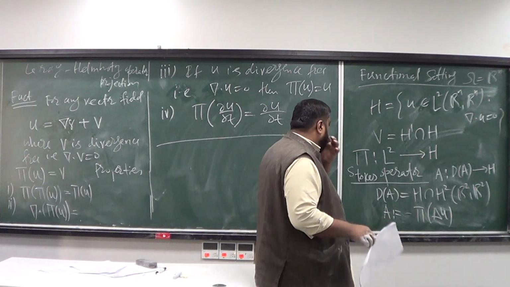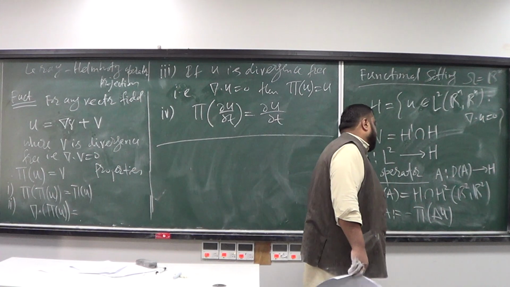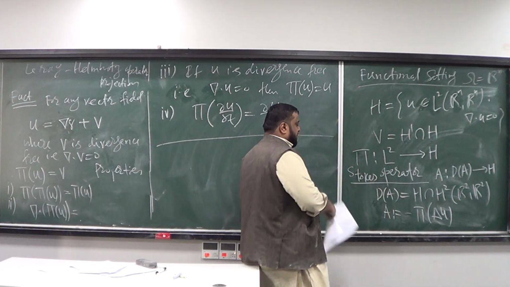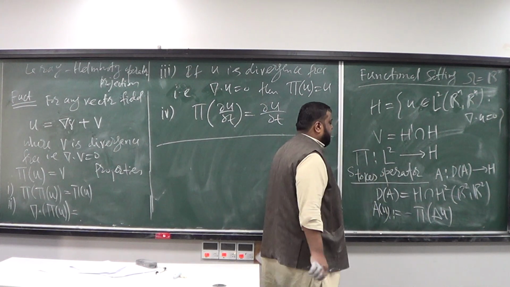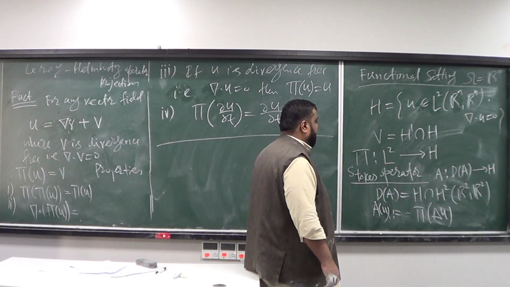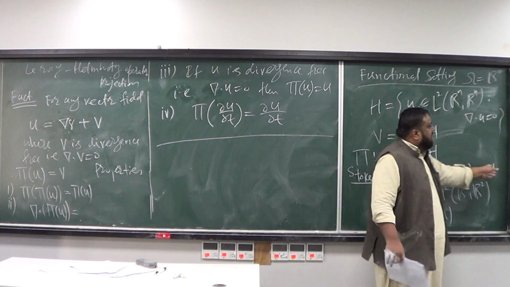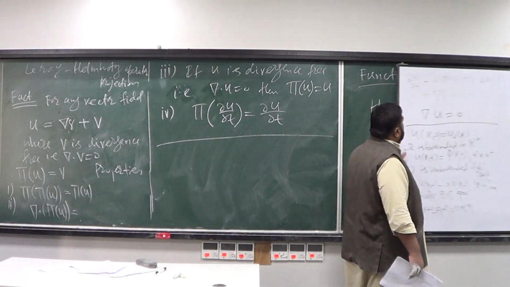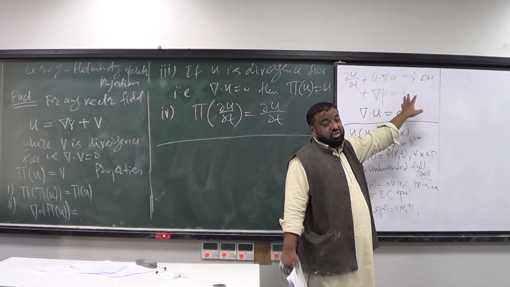Why do you need H2? Because you want this Laplace to make sense. So AU is the negative projection operator operated on Laplace U. So in the Navier-Stokes equation, what I'm going to do is take this equation and operate this Leray-Helmholtz operator on both sides.